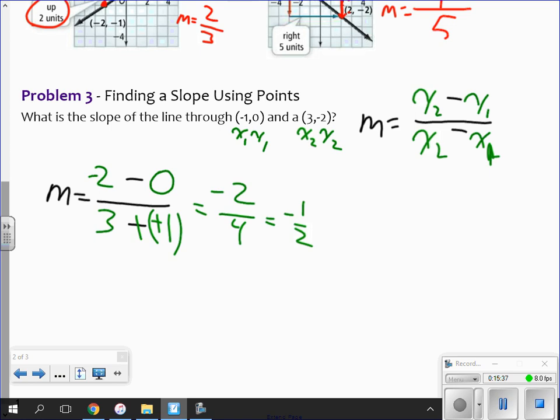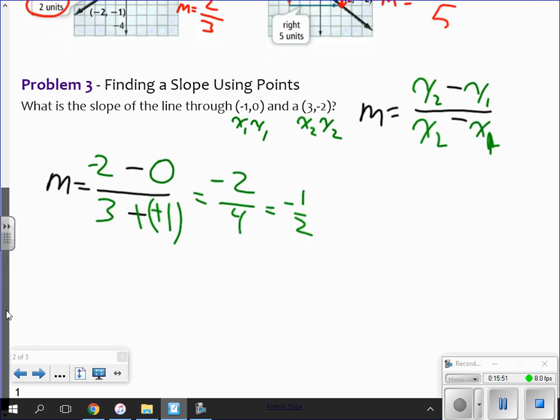Now, what if you had the numbers reversed? What if you had, this is x2, y2, and this is x1, y1? It doesn't matter. You'd still have the same numbers. If you put them in differently, reverse the points: 0 minus -2 over -1 minus 3. 0 minus -2 ends up being 0 plus 2, which is 2. -1 minus 3, that's -4.